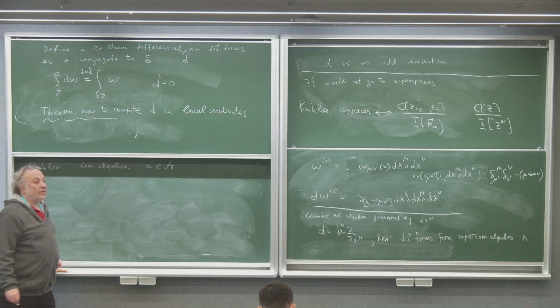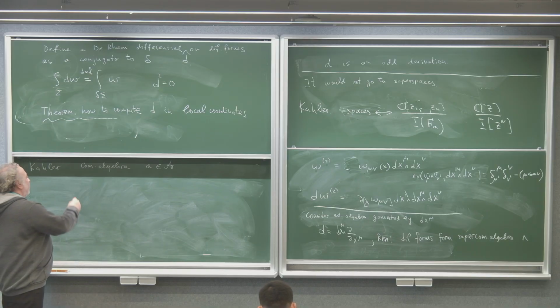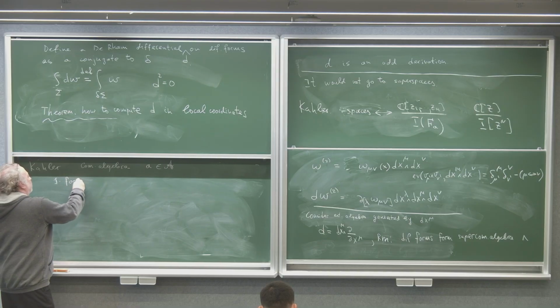We would like to consider differential forms. What would they be? He said, let us consider one-forms. How to construct one-forms?